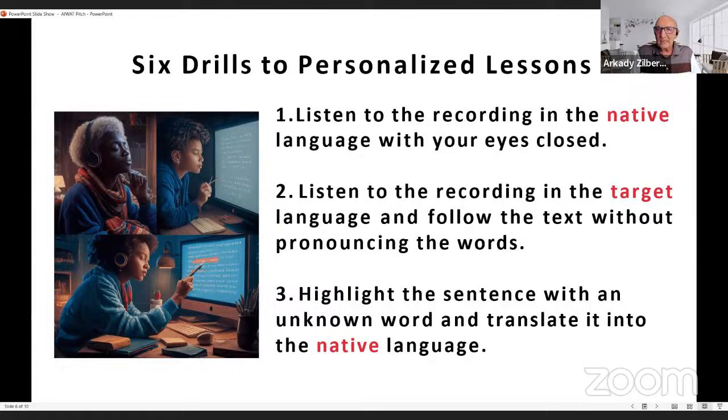When you close your eyes, about 60 or 65% of our brain activity is freed, and we can use it for visualization. So whatever you hear, you will visualize, you form a video of the situation, of the lesson, and all the other 5 drills, when you will be using the target language, will be more understandable and comprehensible to you, because you already created a video in your mind.